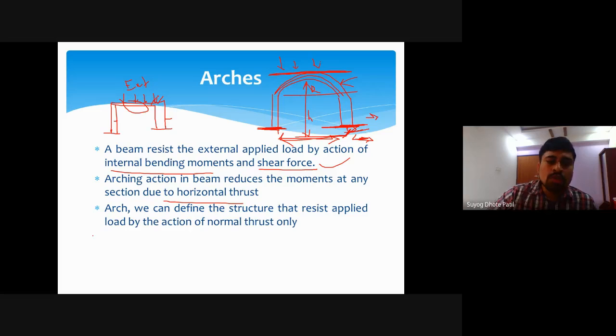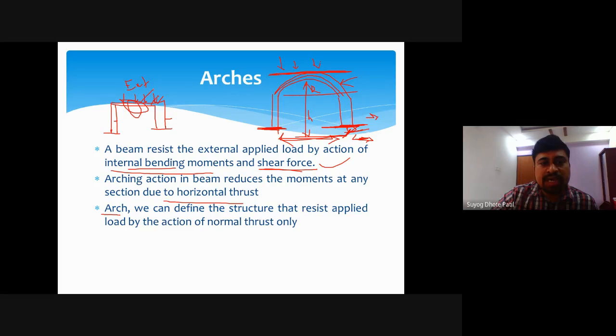So we can simply define an arch as a structure that resists applied load by the action of normal thrust only. No internal bending moment and no shear force is acting; those are present only in horizontal beams.